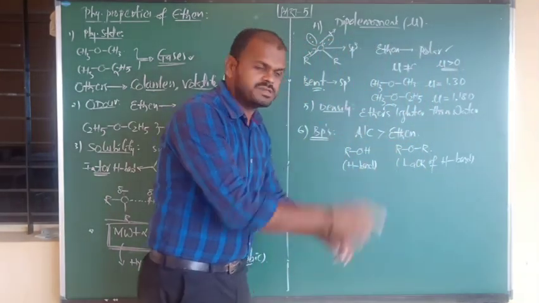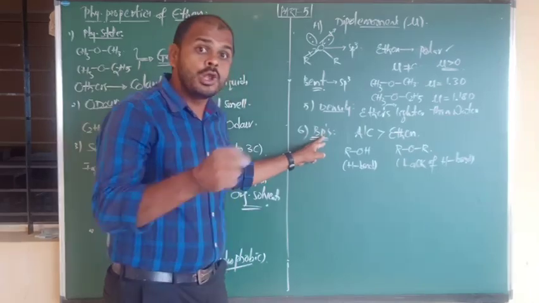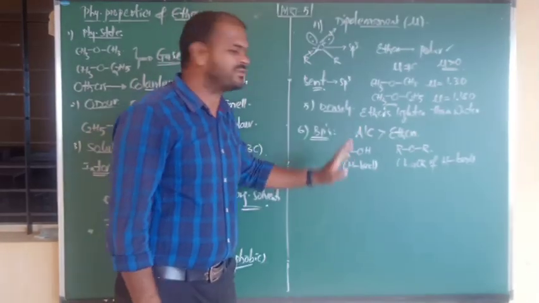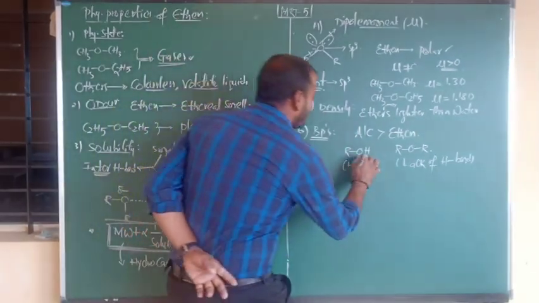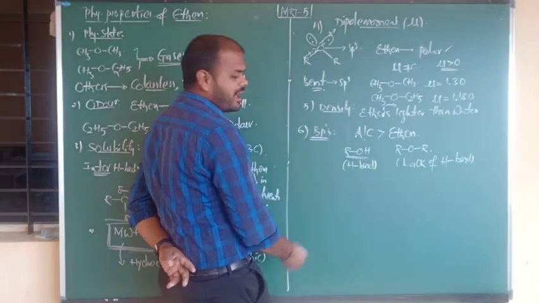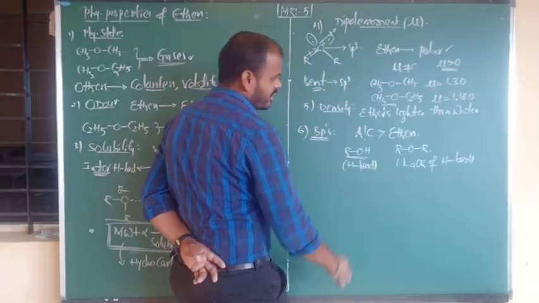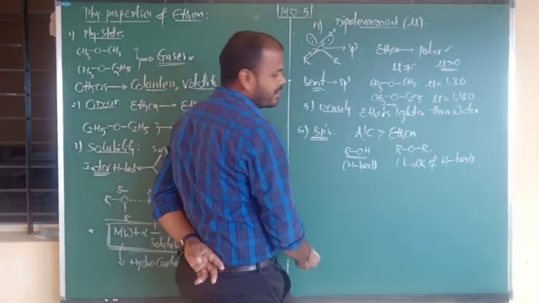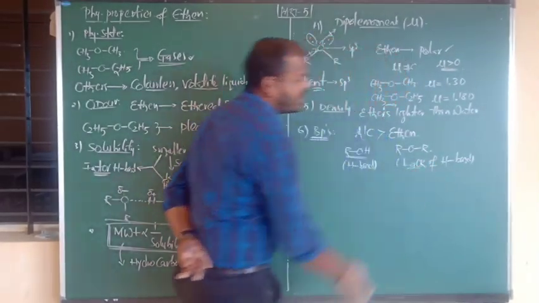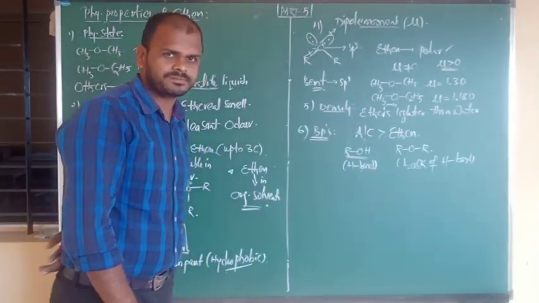Due to lack of hydrogen bonding, ethers have lower boiling points as compared to alcohols. Alcohols have higher boiling points due to the formation of hydrogen bonds, and ethers have lower boiling points because they are not capable of forming hydrogen bonds.